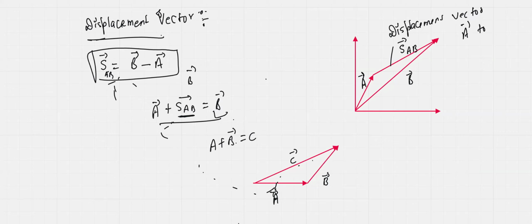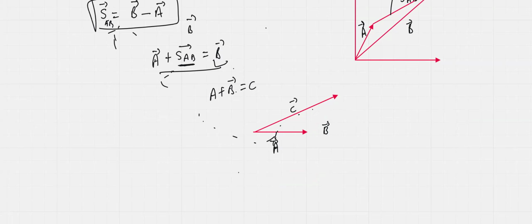If I delete this vector from here and take the same vector B and place it here, will it make any difference? Earlier it was placed here, right? If I keep it like this, will it make any difference? No, it won't.